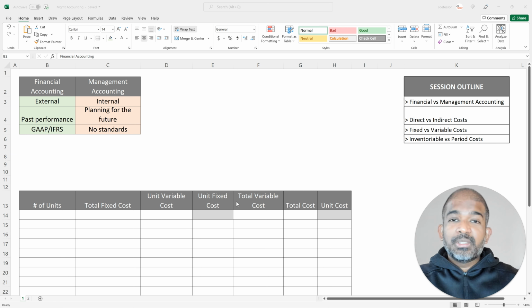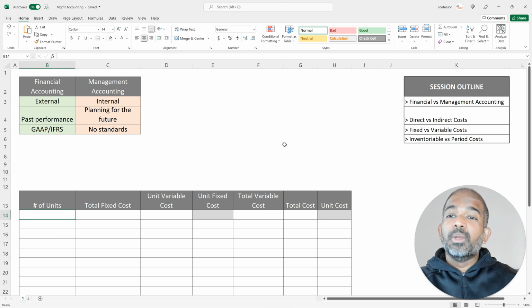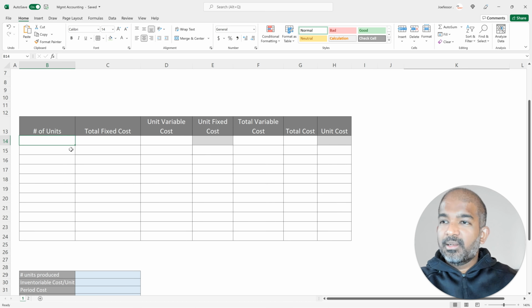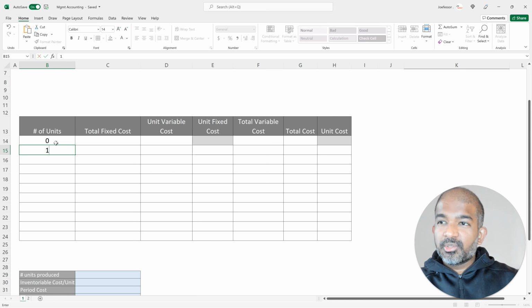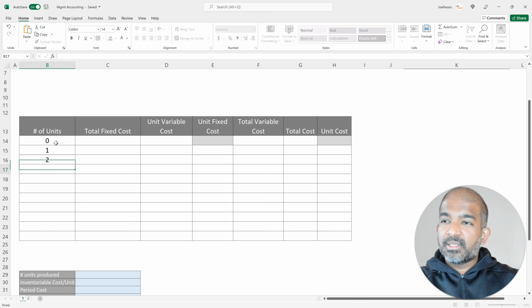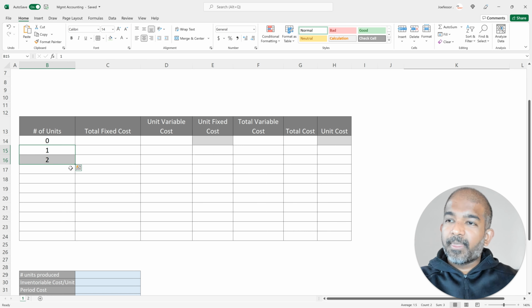Using an example, we're going to look at how fixed and variable costs behave from the perspective of total production and also from the perspective of a single unit. So we'll look at this hypothetical example where we are going to understand fixed and variable costs for a range of production. We are going to look at what happens when no units are produced, or 1 unit or 2 units and so on are produced.